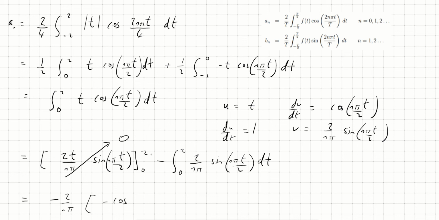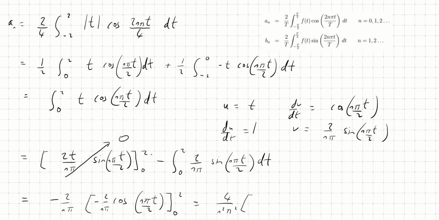It's actually minus 2 over n pi cos n pi t over 2, which we multiply, and we get 2 over n pi times 2 over n pi. This is 4 over n squared pi squared.